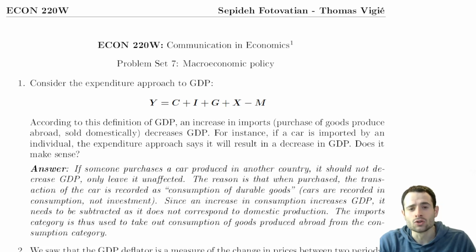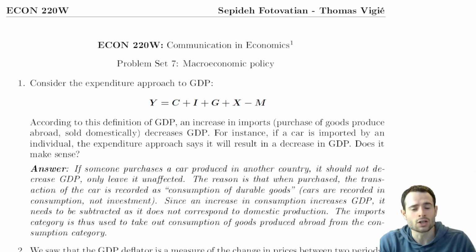It is related to the way consumption and imports are being recorded in national accounts. When a good is being imported, if it's a consumption good, it will actually be considered as consumption. So it will enter the consumption category here. Since it enters consumption, somebody who buys a foreign car then will increase GDP.